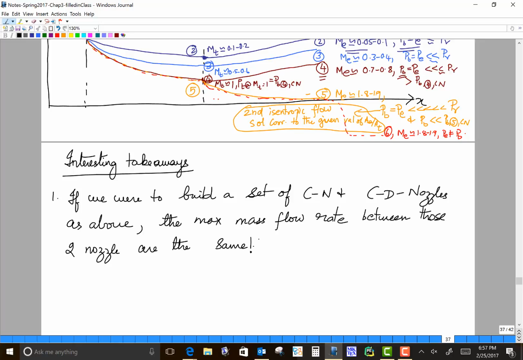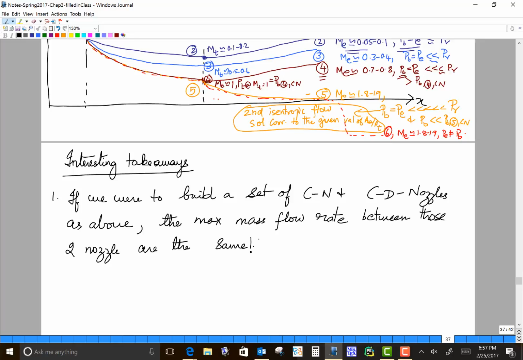This is obvious, right? The maximum Mach number in the converging nozzle is ME equals 1, and that exit area in the converging nozzle, in the case of a converging diverging nozzle, happens to be the throat area. The maximum Mach number at the throat is going to be 1, which means both nozzles can only support the same flow rate, because in the smallest area of cross section for both nozzles the Mach number is 1, and the smallest area values are also the same.